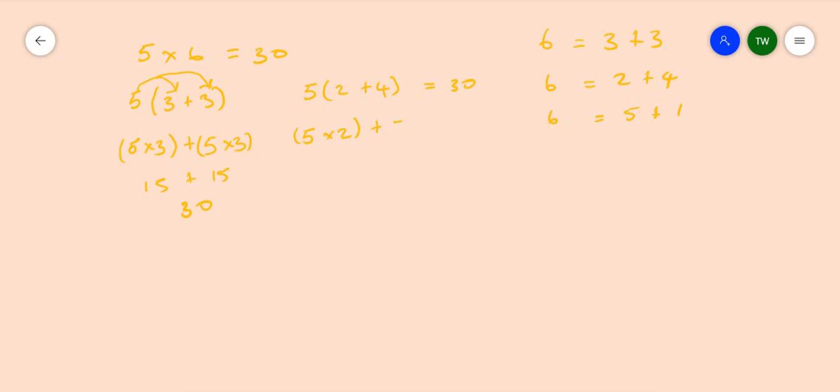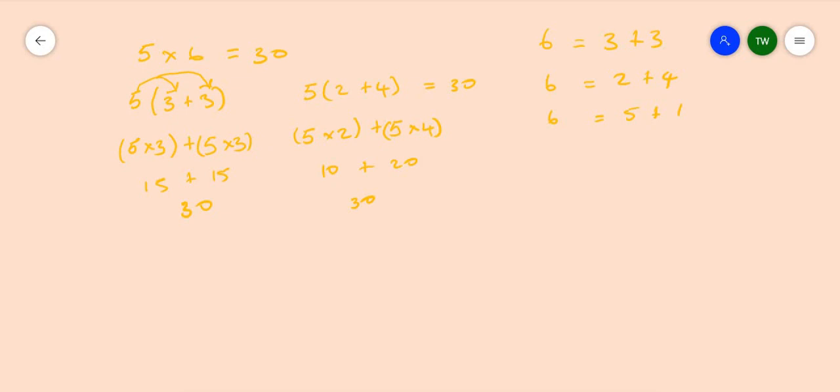And we're going to take the 5 on the outside to multiply the 4. At this stage we're going to simplify. So 5 times 2 is going to give us 10, plus our plus sign, and 5 times 4 is going to give us 20. And 10 plus 20 is going to give us 30. Yes, it holds true, right?